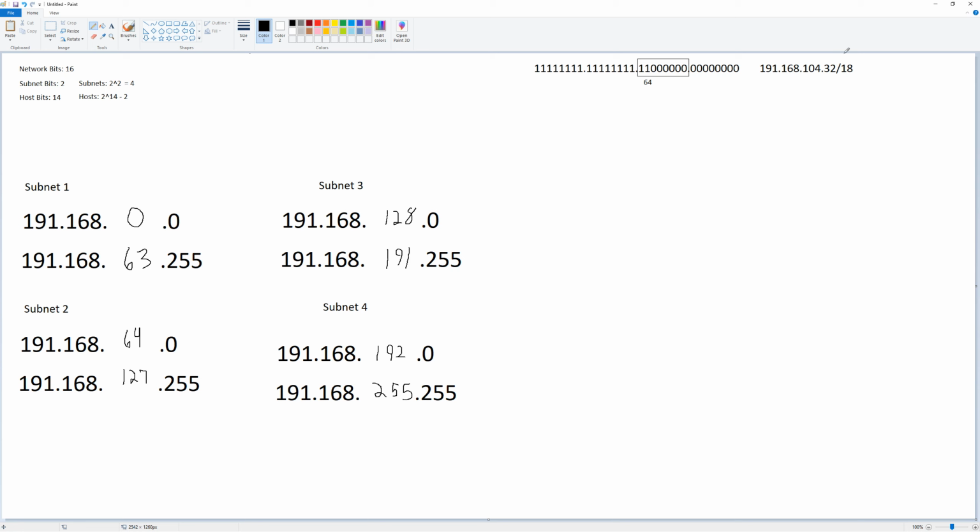We know that this address falls in one of these categories, and I'm just trying to figure out which one it fits into. Just by looking at it, you can very obviously see that 104 fits between 64 and 127 in subnet 2. So obviously this is going to be the subnet's network address, and this is going to be the subnet's broadcast address.